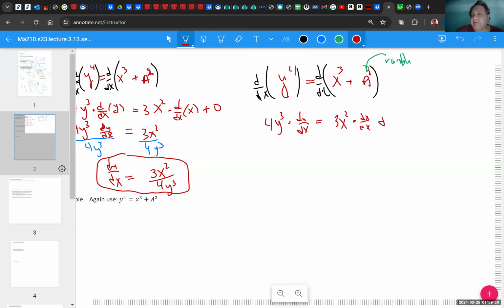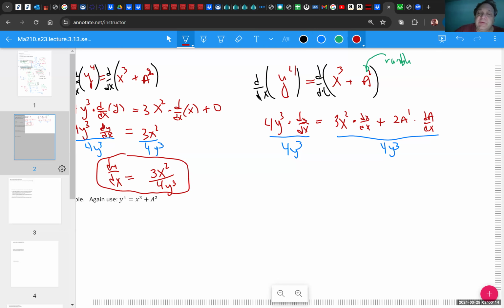And then a is now a variable, so we have to differentiate this using the power rule as well. The derivative of a squared is 2a to the first times the derivative of that inside variable, which is the derivative of a, dA dx. And once again, we're going to divide by 4y cubed, so we can isolate the dy dx. Just y up here if my handwriting is not clear.